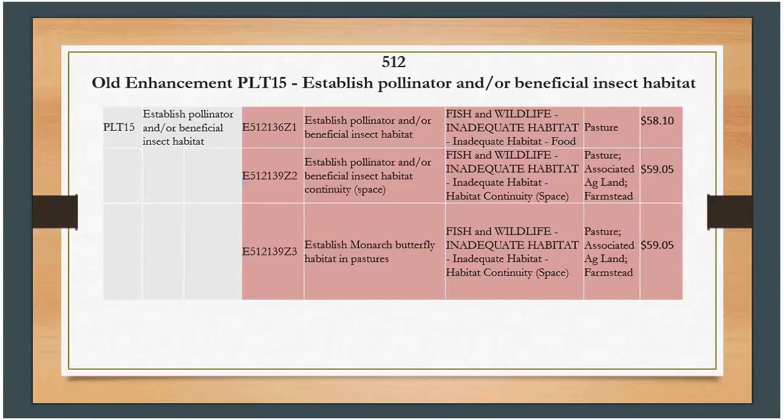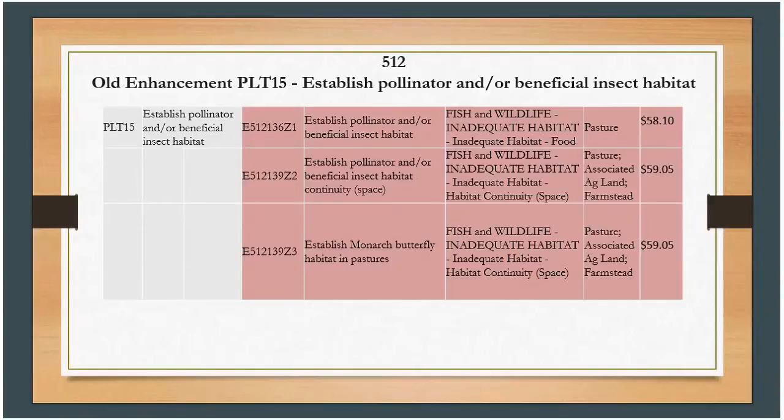So you can see that the old code for this was PLT 15, and now it's going from one enhancement to 3 different enhancements, where the payment is pretty similar. The first one is addressing pollinator and beneficial insect habitat.